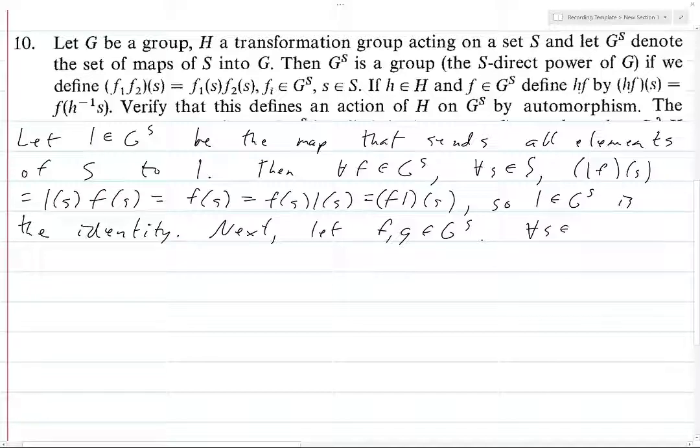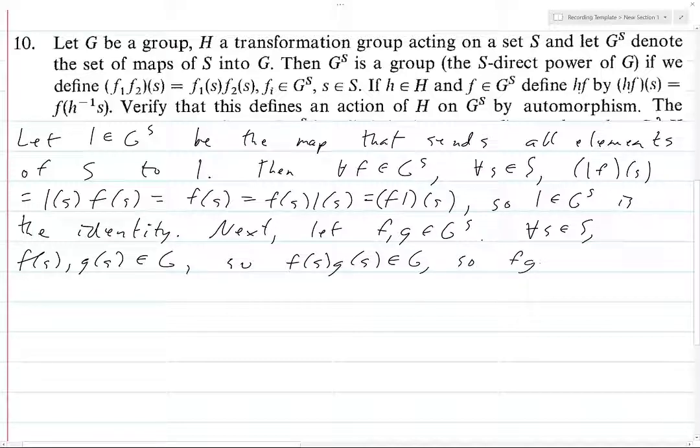For all s in S, f(s) and g(s) are clearly in G because they're in G^S, so they send elements to G. So, multiply them together, f(s)g(s) is in G. So, fg maps S into G, so fg is in G^S.